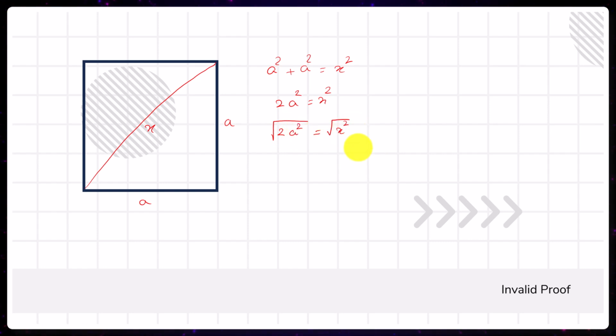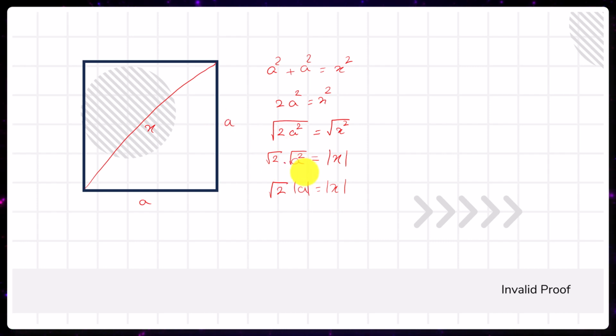Now the square root of x to the power of 2 would be the absolute value of x, but since x is a positive number because it's the length of something, its absolute value would be equal to its original value, and the same thing applies here. So it would be square root of 2 times square root of a squared. And then again, the same logic applies to a.